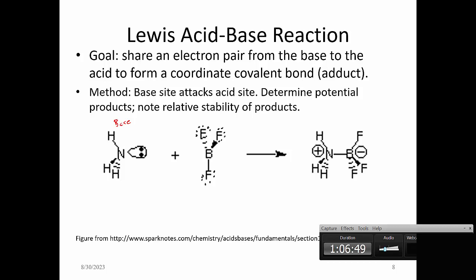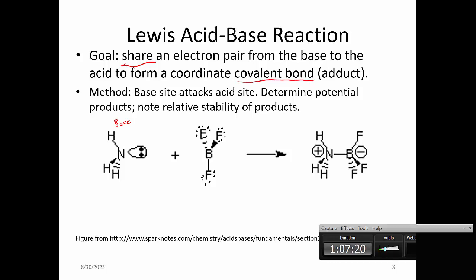And first off, fluorine is not as good of a lone pair donor because fluorine does not like to share its electrons. When we donate the lone pair, it ends up sharing the electrons and forming a covalent bond.